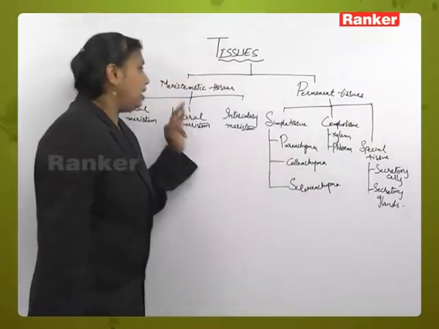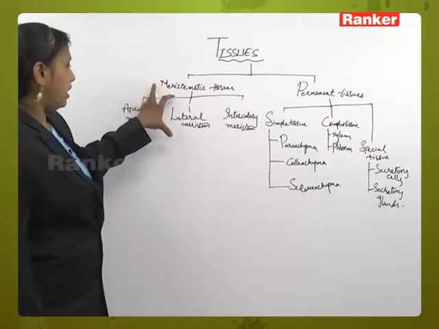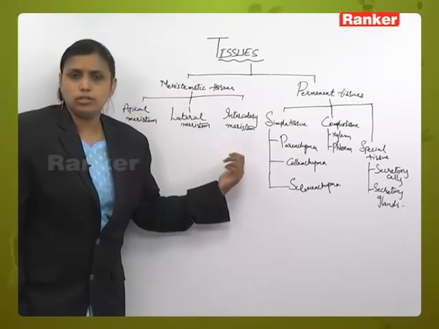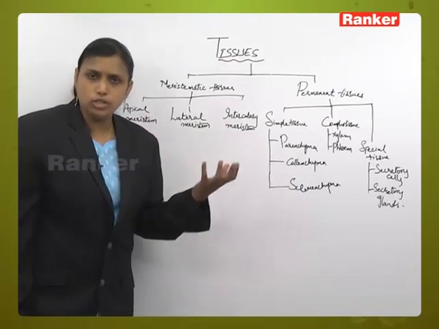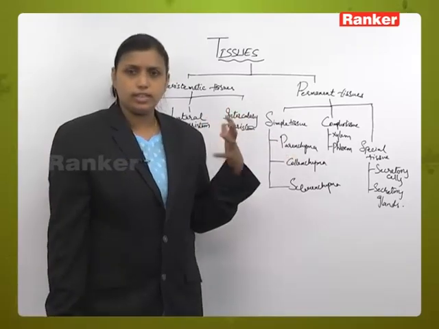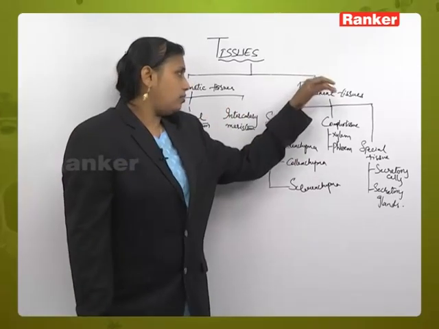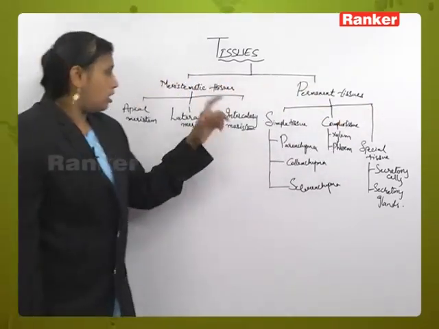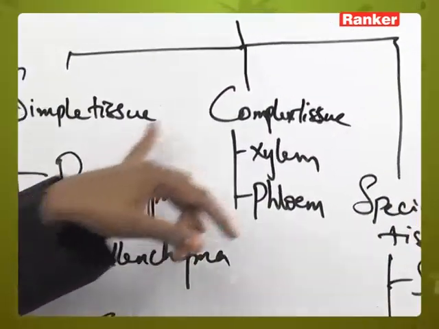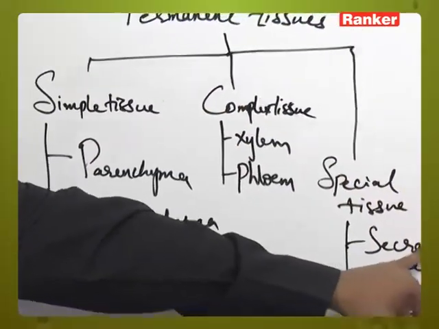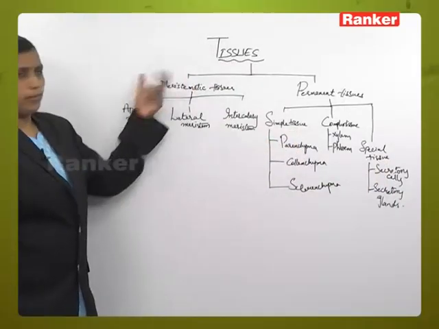Meristematic tissues are divided into three types on the basis of position or origin. Permanent tissues are also of three types: simple tissue, complex tissue and special tissues. First we will talk about meristematic tissue.